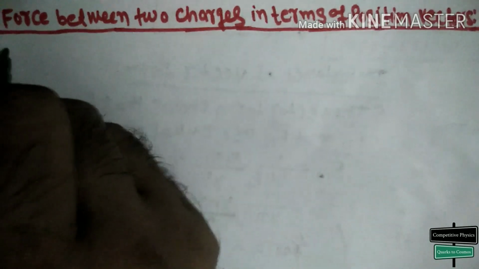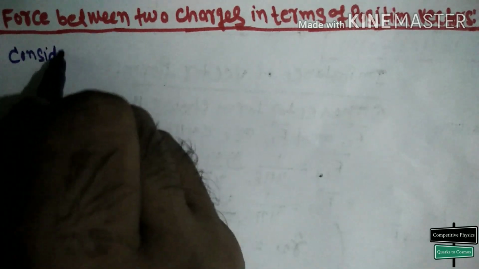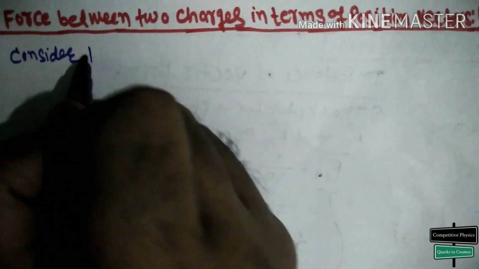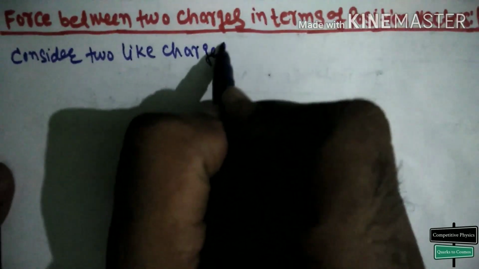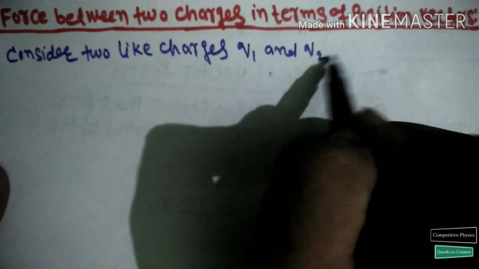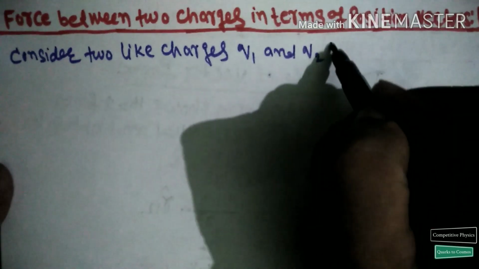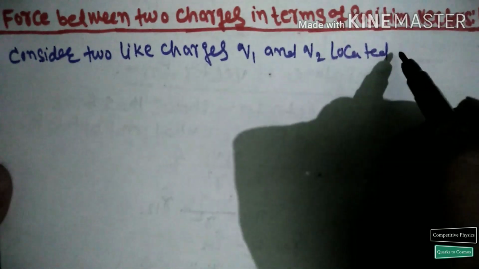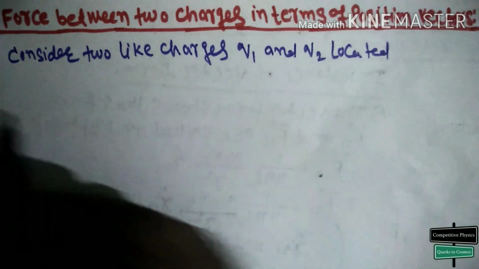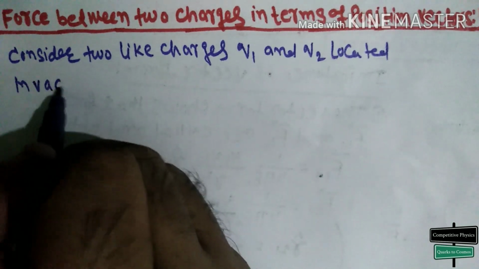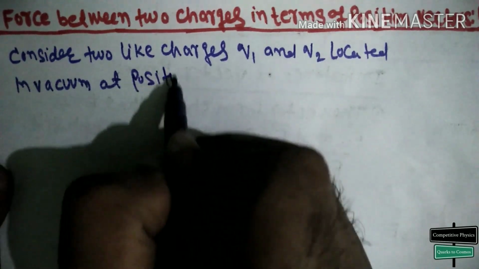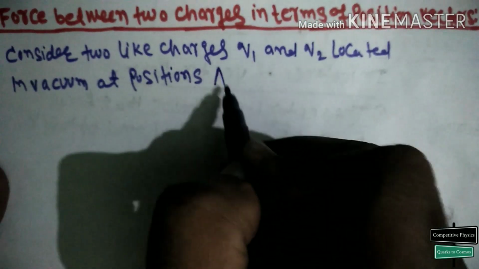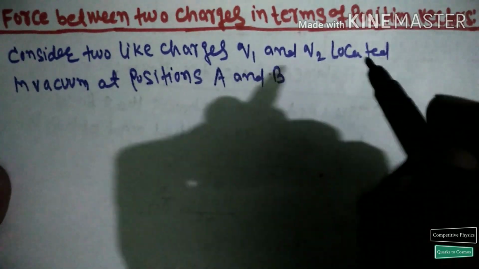So consider two like charges Q1 and Q2 located in vacuum at positions A and B respectively.